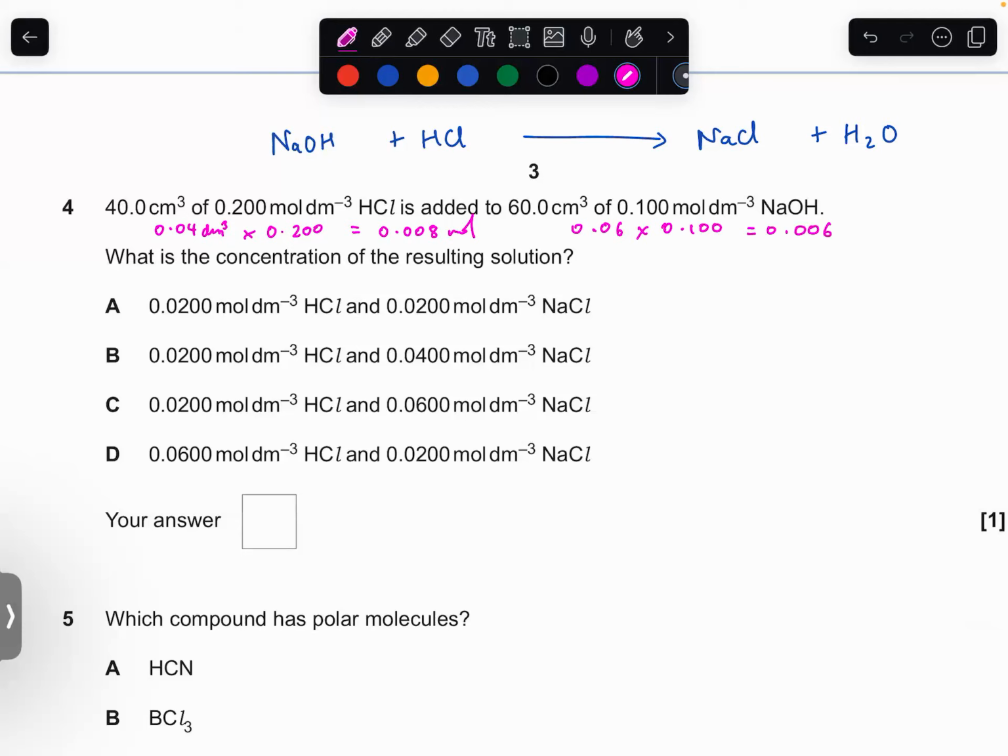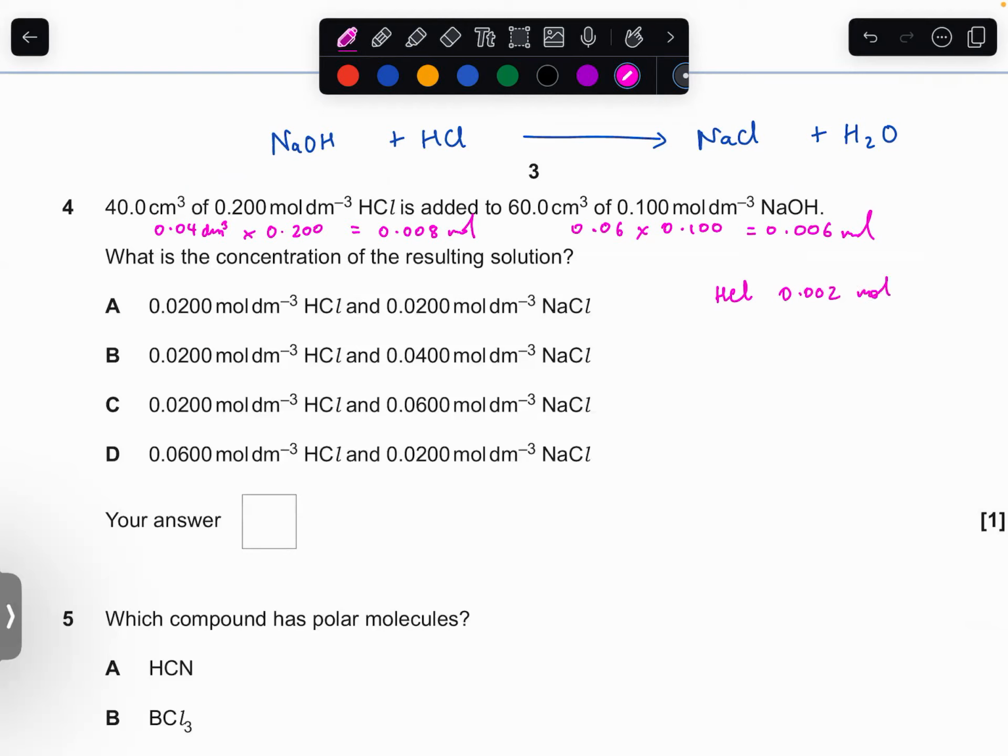Now, when you react these together, you're going to have an excess, a leftover of HCl, which is going to be 0.002 moles.